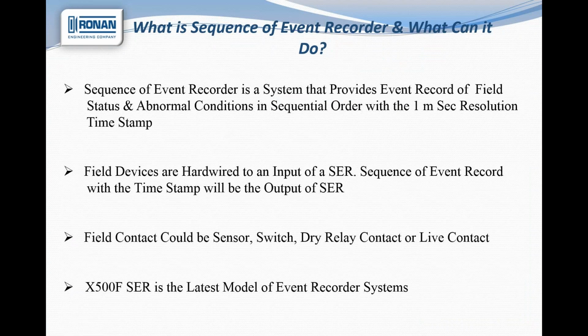So what is a sequence of event recorder and what can it do? It is a system that provides event recording in the field, records abnormal conditions in a sequential order with a 1 millisecond resolution timestamp. Your field devices are hardwired into the input and the outputs are timestamped.